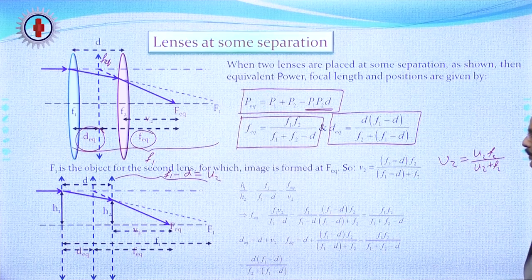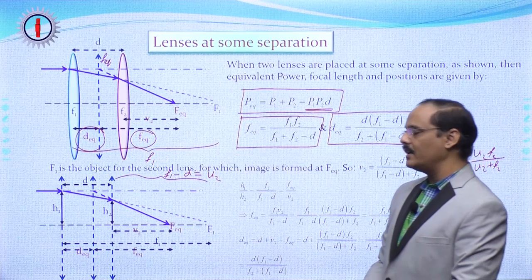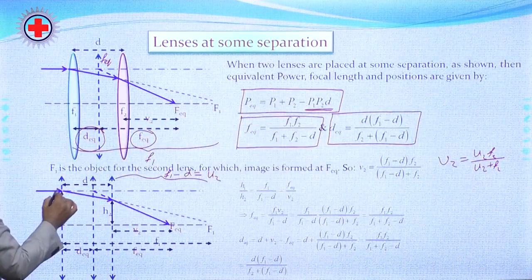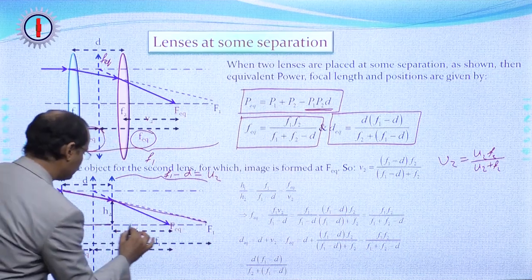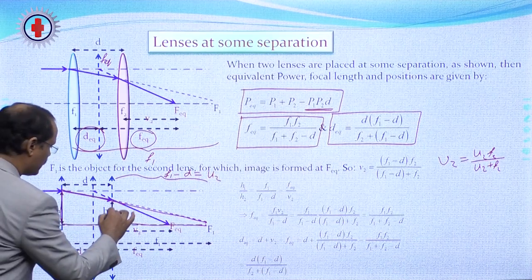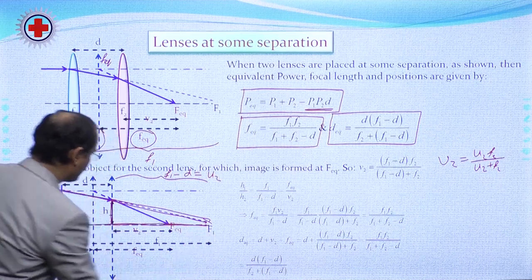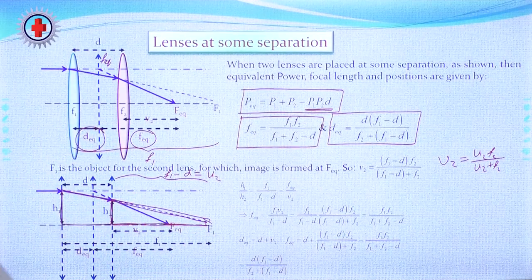So, we got v2. Now, we need to check similar triangles. First we take this particular triangle, this bigger one, and the smaller one, this particular triangle. They are similar triangles, so their ratio of height and base will be equal.